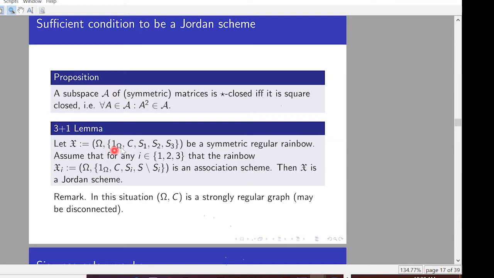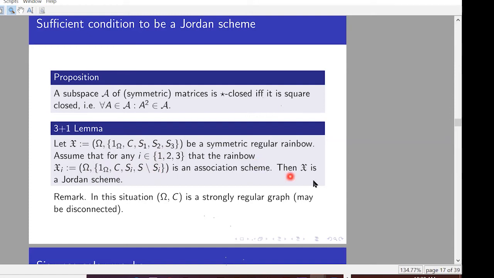What is this 3 plus 1 lemma? So assume you have a rank 5 rainbow. So one color is for the diagonal and 4 other colors. So one of them is the chosen color, C, and 3 others are standard colors. Let's call them this way. And assume that for any standard color, if I take the partition which consists of the diagonal, the chosen, the standard, and the rest, this is a rank 4 rainbow, assume that every such rainbow is an association scheme.